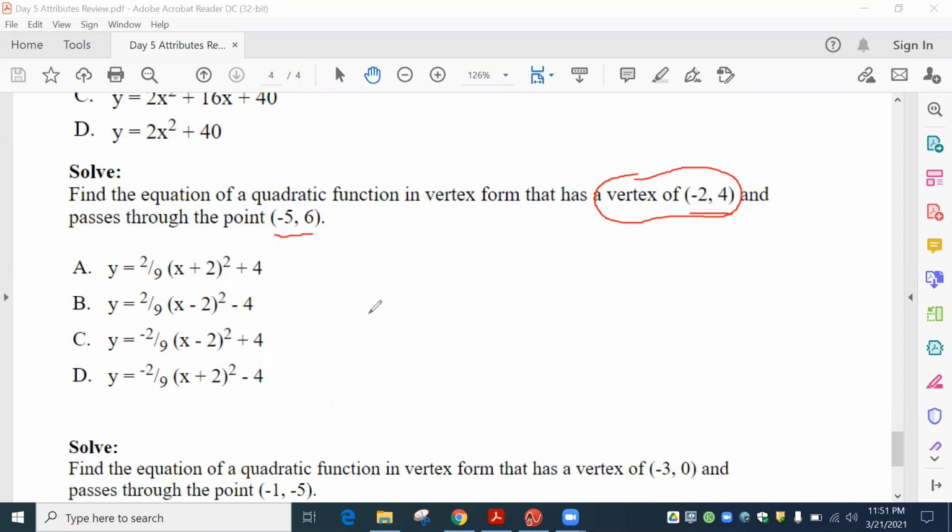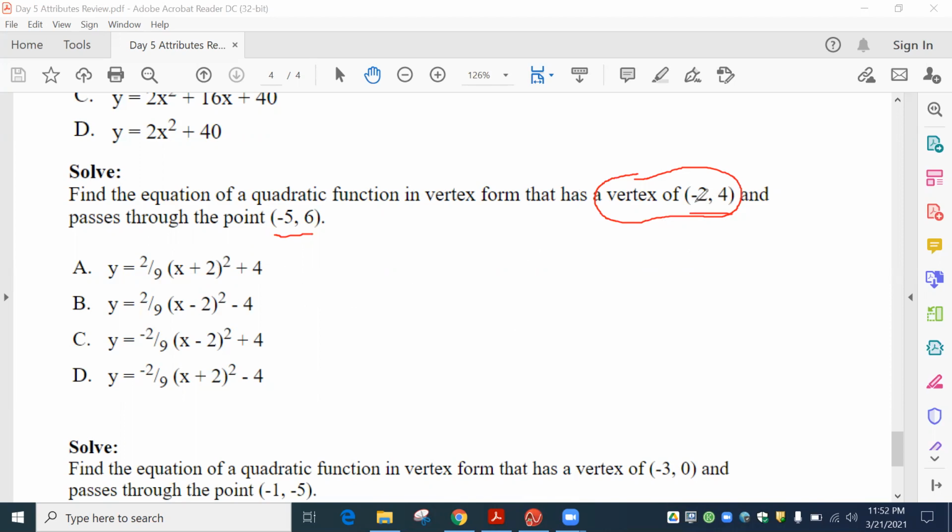Now, I will give you a little hint. This is called vertex form when you've got parentheses squared and a number out here. And so the x would go with the x, and then the y would go where the y-intercept would be. Now, the key to this is the y-intercept is just the y-intercept, so it should be one of these two right here.